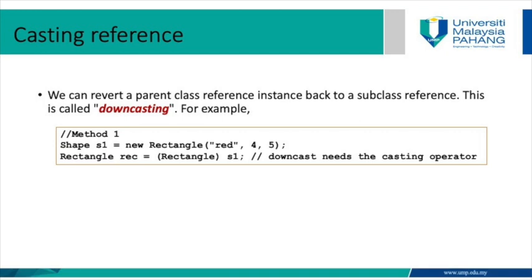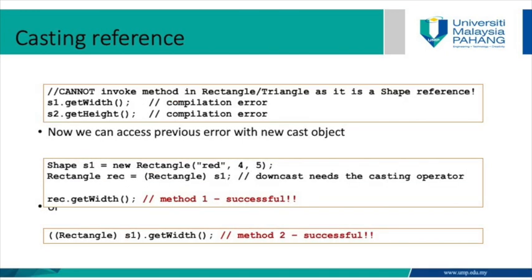The downcast needs the casting operation. You have to do it this way in order to revert the parent class reference instance back to the subclass reference.